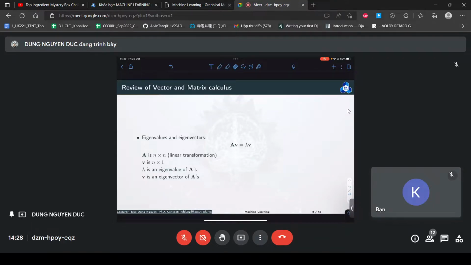Now, in order to solve this one, you may encounter some equation like (A minus lambda I) v equals 0. And if you want to solve this, the trivial solution, of course, is v equals 0. But we don't care about the trivial solution. We care about some other solution that gives us a vector v that is different from 0.